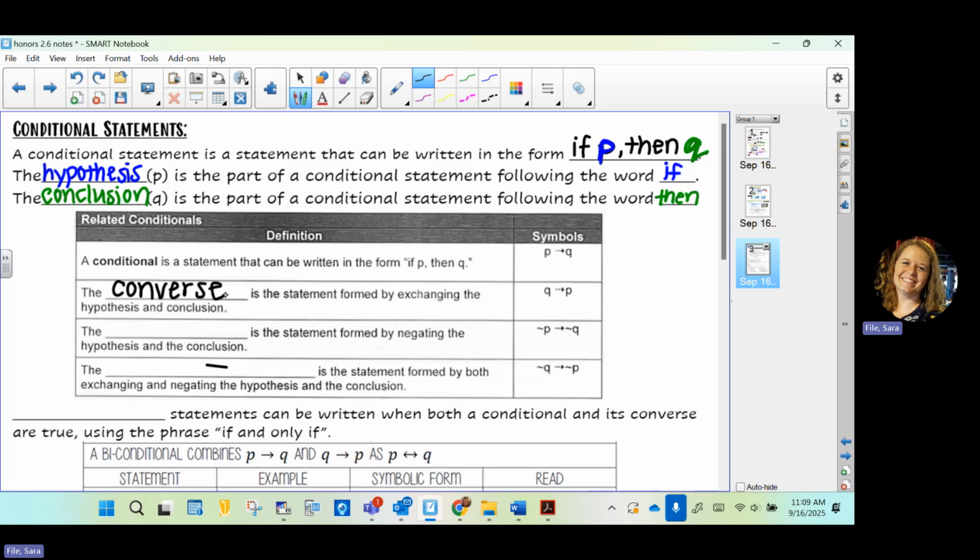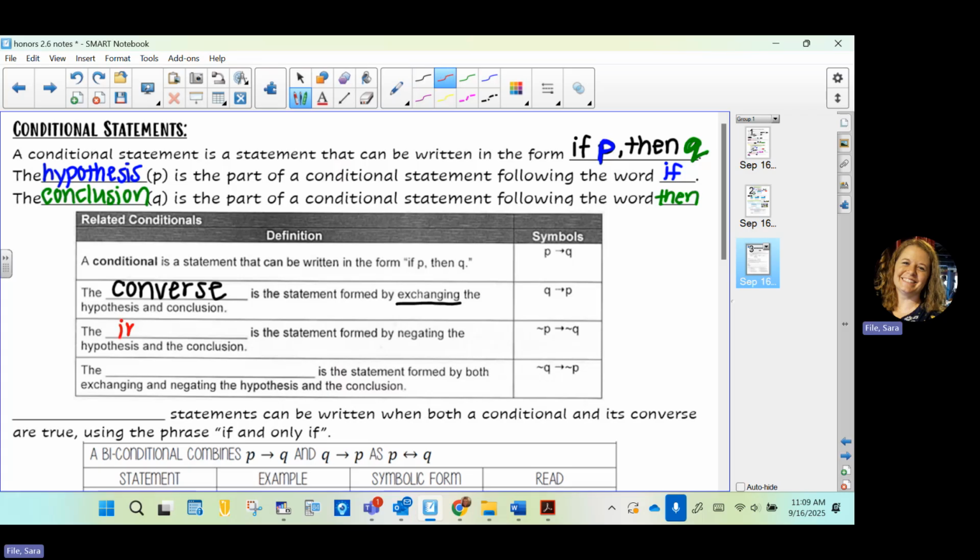The converse exchanges the P and the Q. Notice in the symbols, instead of P then Q, it's Q then P. So it switches the order. It would be, if he wants a glass of milk to go with it, then you gave a mouse a cookie. You just switch the order. Does that make sense? Converse exchanges the order.